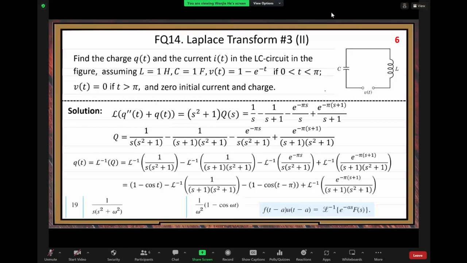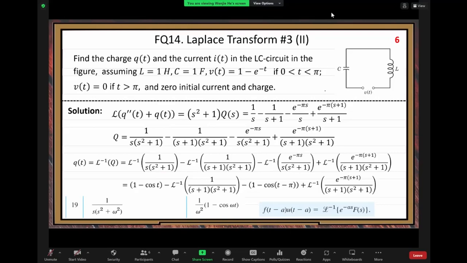Now for the third one, we apply the same formula as the first one, but we need a shift. Look at the shift function: because of the negative pi s, we need to shift the function, the t, by minus pi.